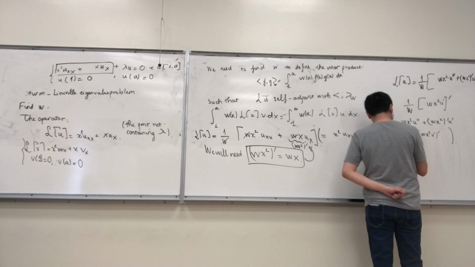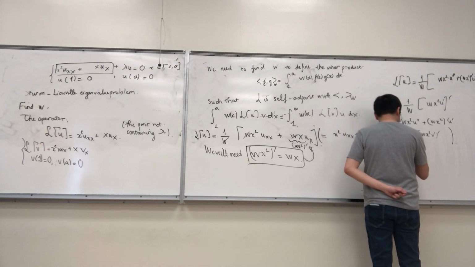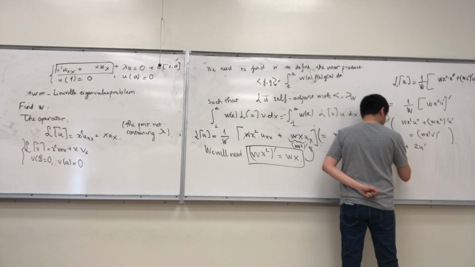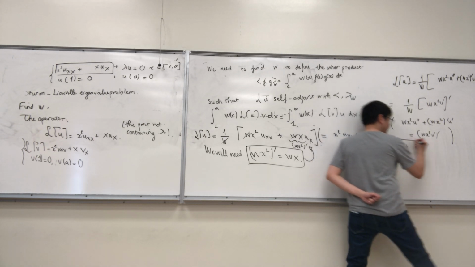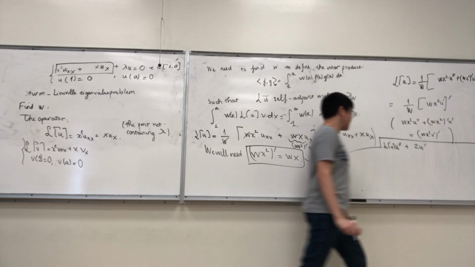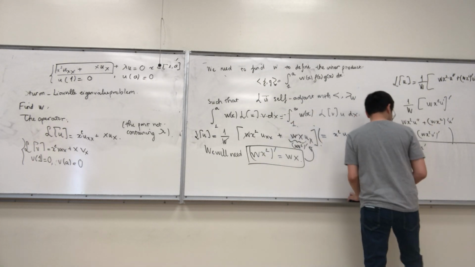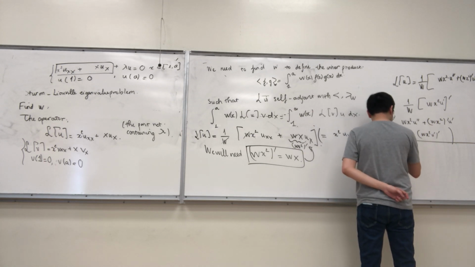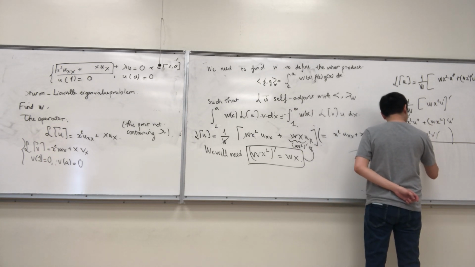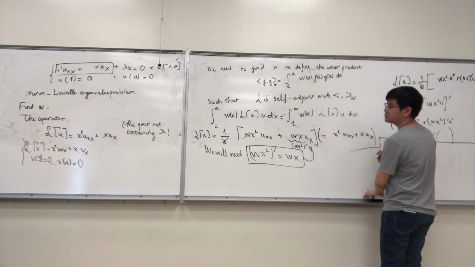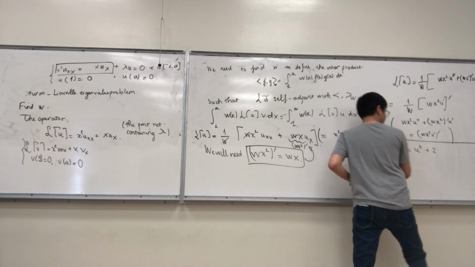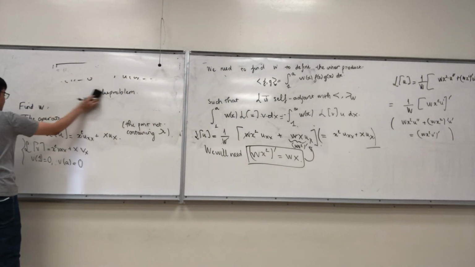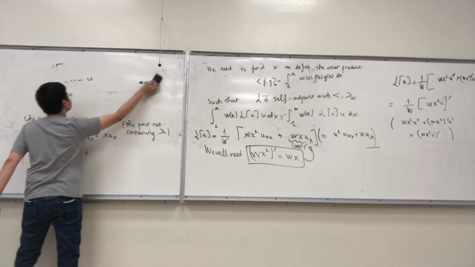Now I'm going to recall what we did in the previous times. In the previous class you have u second plus 2u prime, right? So this is what we have from the previous class.